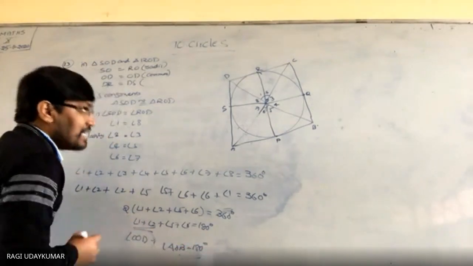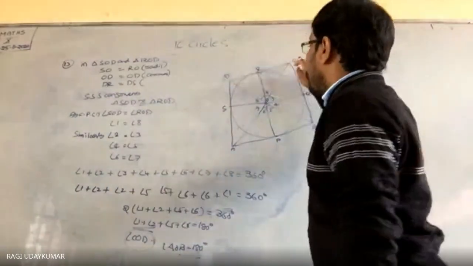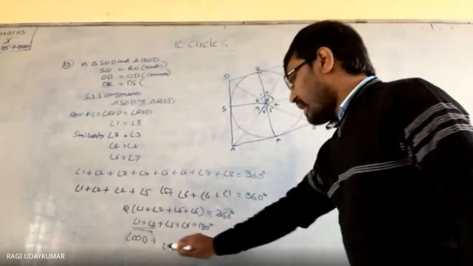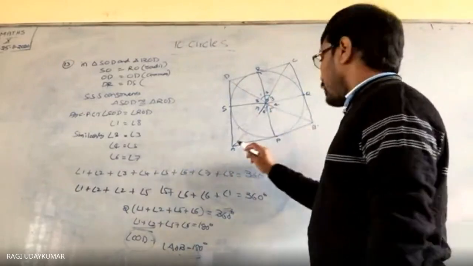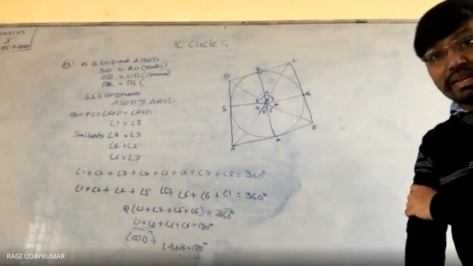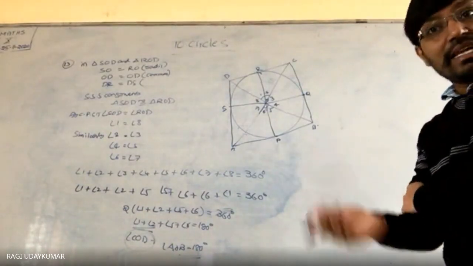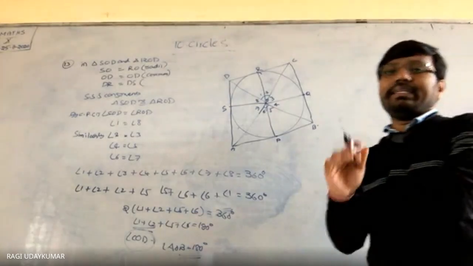Angle COD is the angle subtended by the side CD at O, and angle AOB is the angle subtended by the side AB at O. So AB and CD are opposite sides. So opposite sides of a quadrilateral circumscribing a circle subtend supplementary angles at the center.